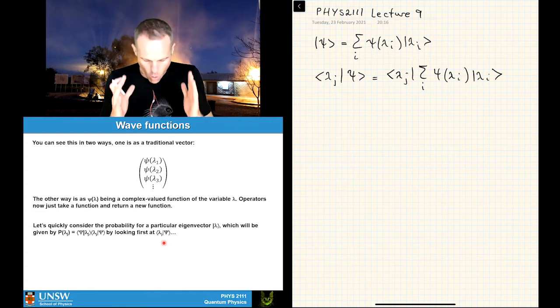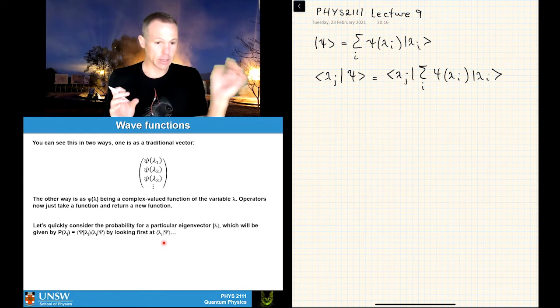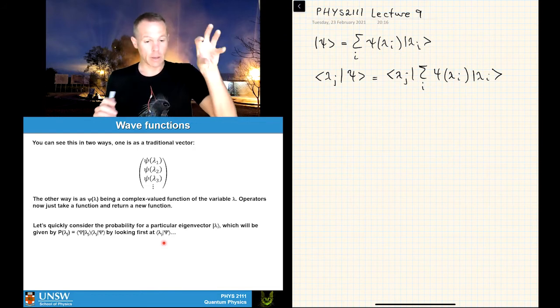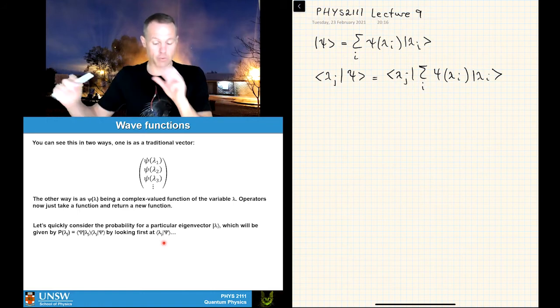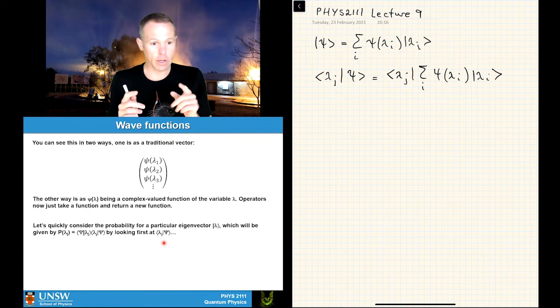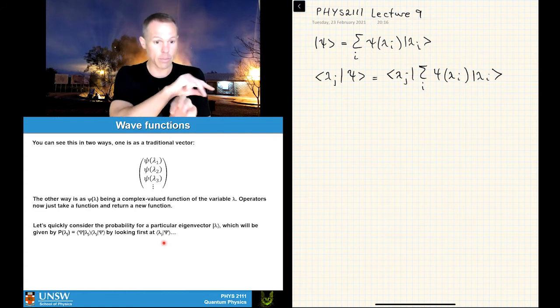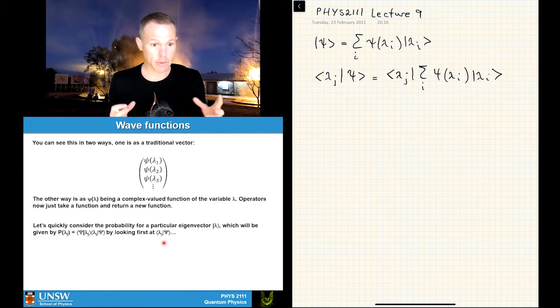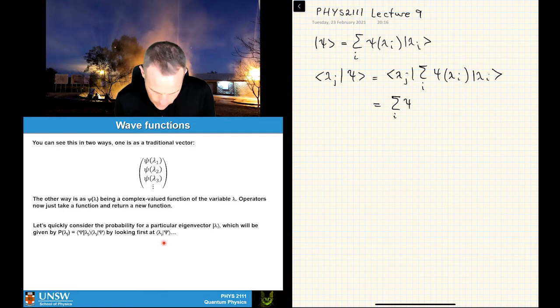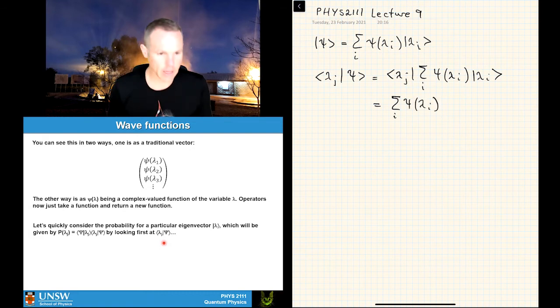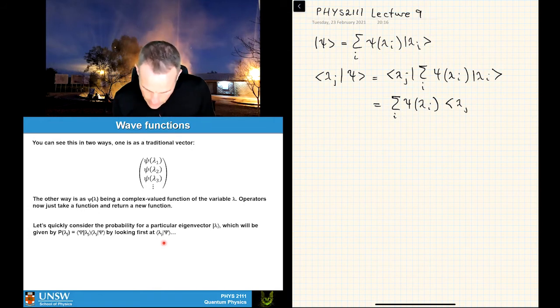You'll remember that I can take the sum out the front, because something multiplied by a sum is basically the sum of that thing multiplied by each of the elements. And as we saw in an earlier lecture, I can also take complex numbers out the front, because this thing, psi lambda I, is a complex number, not an operator. So this would end up being sum over I of psi of lambda I. Take these things out the front and then bring the brackets together. So this would be lambda j in here, lambda I on the right.